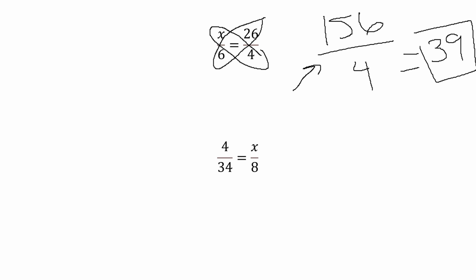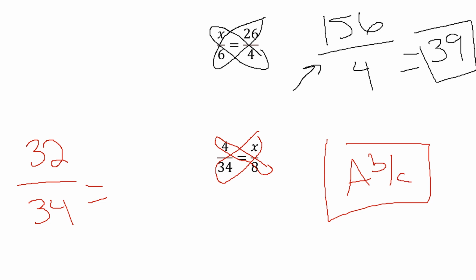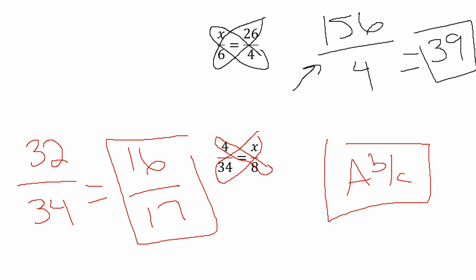Let's butterfly it. Multiply the pair, 4 times 8, which is 32. Divide by the single, which is 34. I'm going to use my ABC key to give me my fully reduced fraction. If I use my division key, it's going to give me a decimal. So mine is my ABC key. Use your fraction key, not division, and it will spit out my fully reduced fraction. So that's it. Multiply the pair, divide by the single.